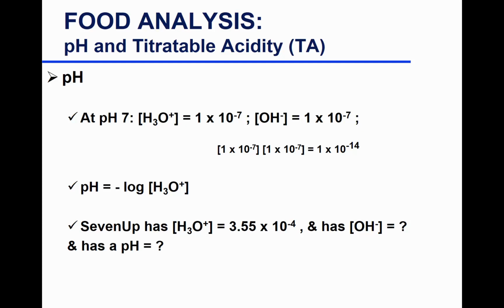Okay? So pH 7 means the concentration is 1 times 10 to the minus 7. Same for hydroxyl. So the product of these two is 1 times 10 to the minus 14, which is the ion product constant for water.